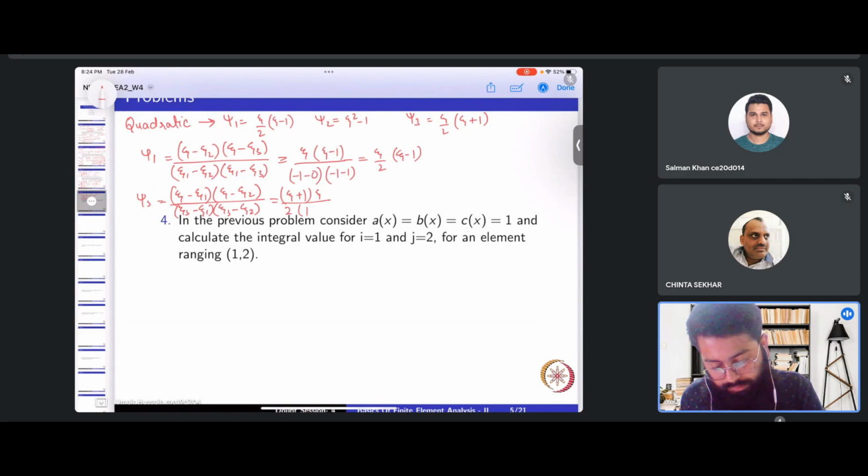Zeta 3 minus zeta 1 is 1 minus minus 1, which is 2. Zeta 3 minus zeta 2 is 1 minus 0, which is 1. We get zeta by 2 times (zeta plus 1), right? So yes, shape function 3 is right. The first one I had to change, and for the second, I'm pretty sure this is the one.